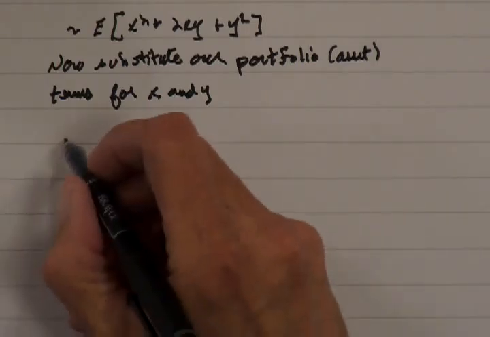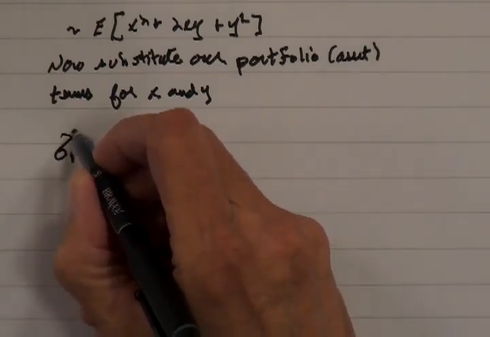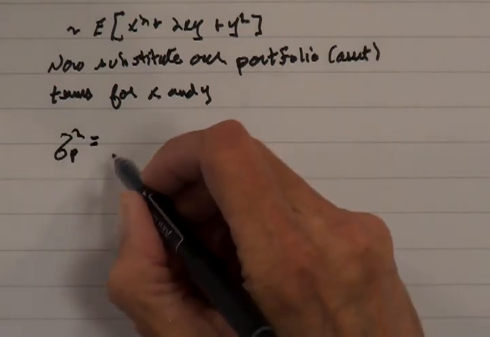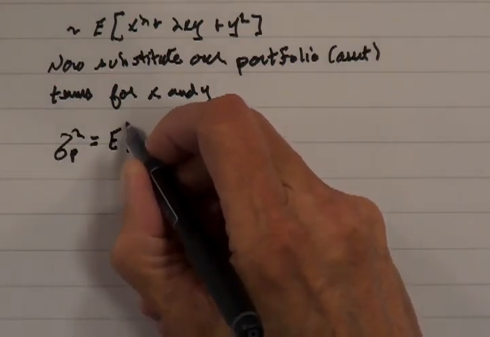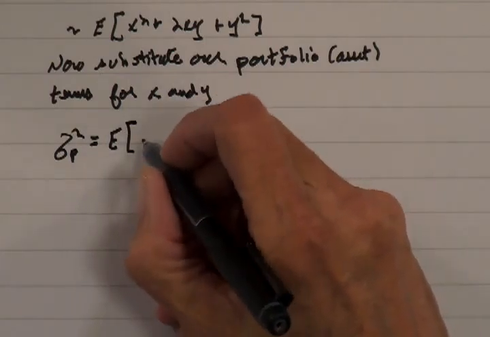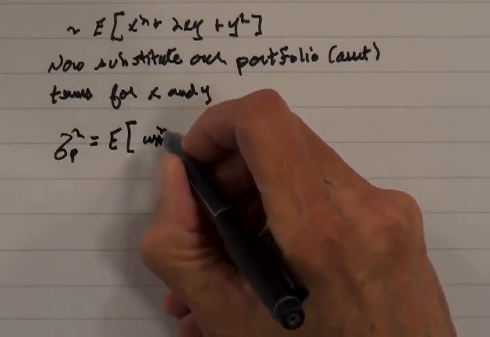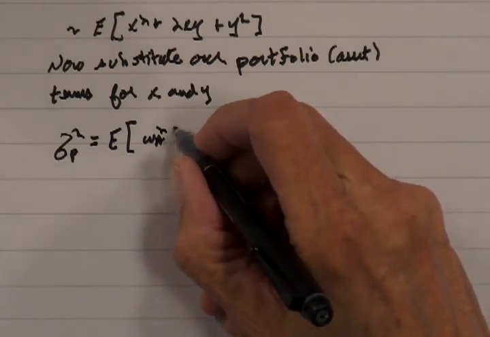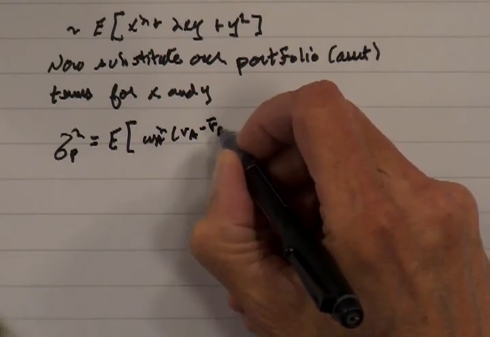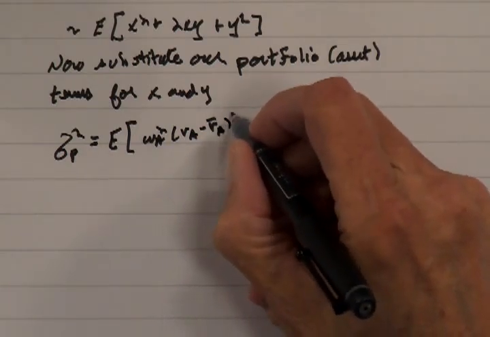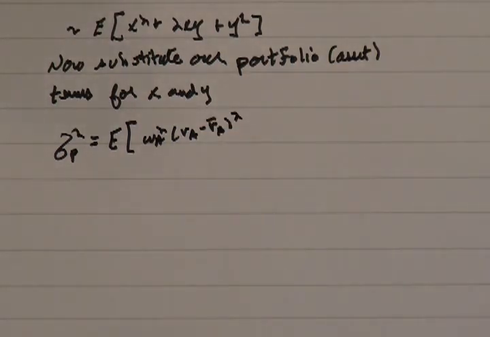Sigma p squared equals the expected value, because we still have this guy sitting around, of WA squared times RA minus R bar A squared. That's our X squared term.